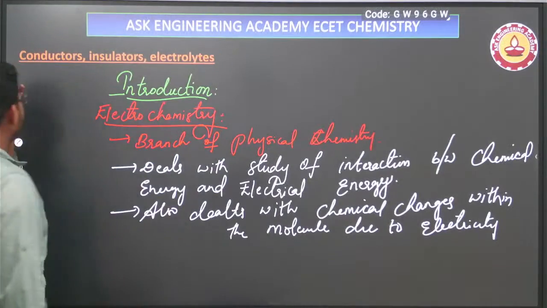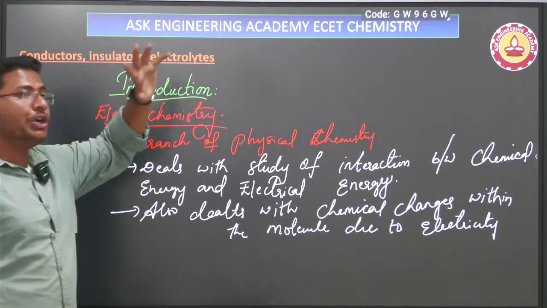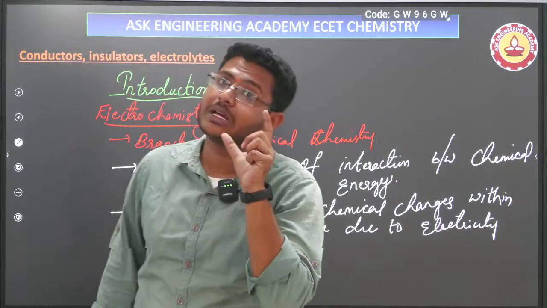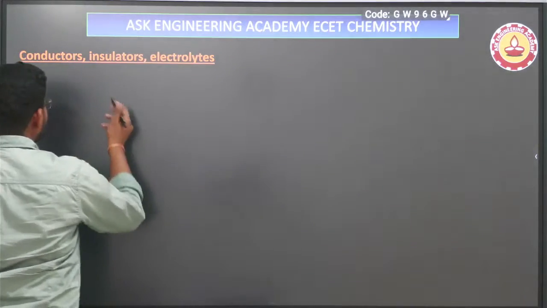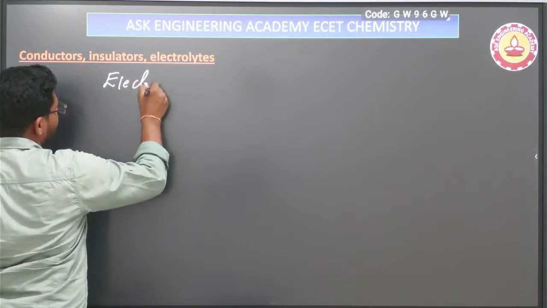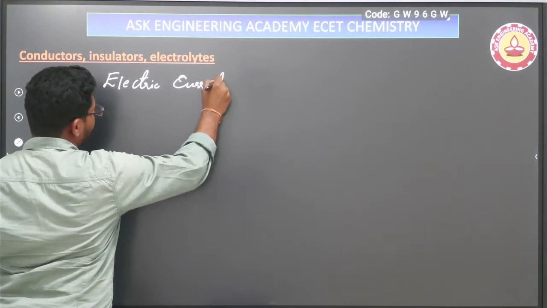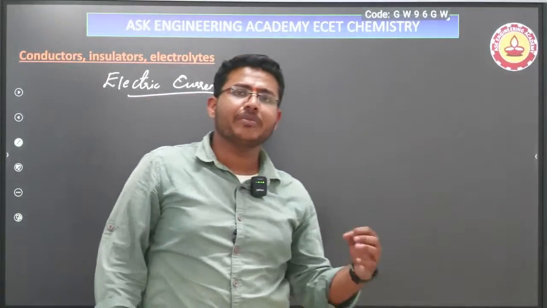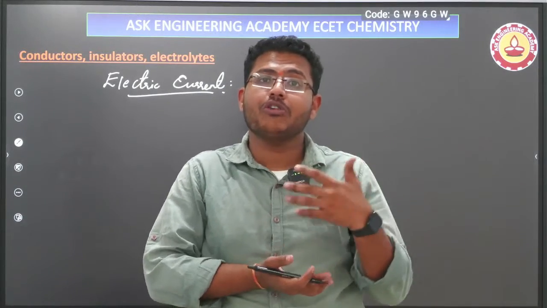Now we move on to what are conductors, what are insulators, and what is an electrolyte. Before going to this classification, I will make you understand the term electric current. Electric current is a phenomenon which happens due to the flow of free electrons.